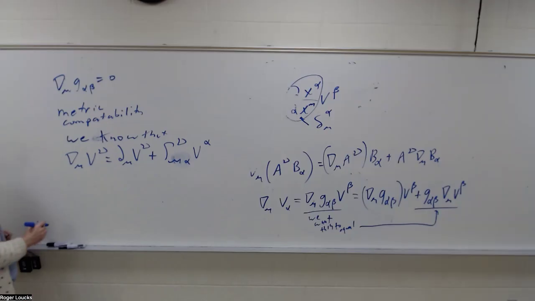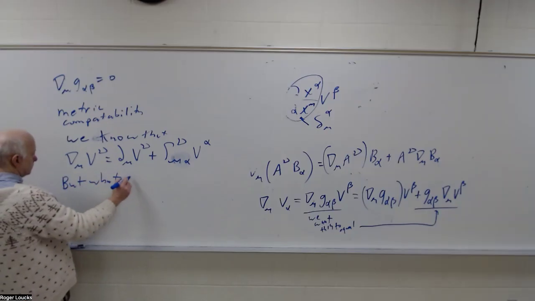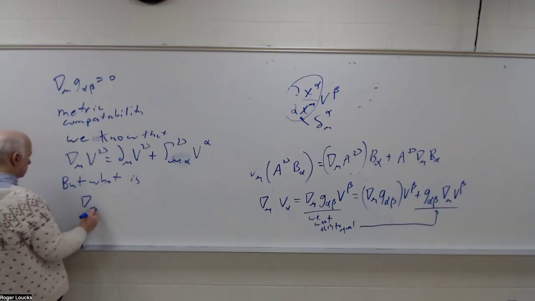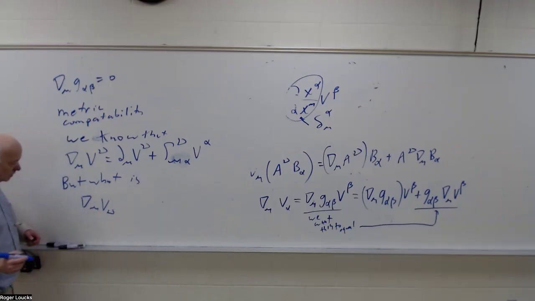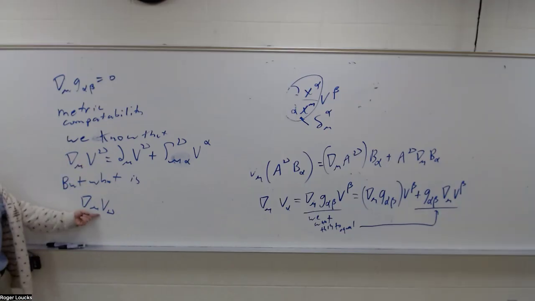The question is, what happens if instead of having a contravariant four vector, we have a covariant four vector?